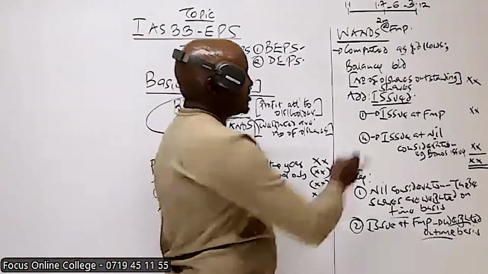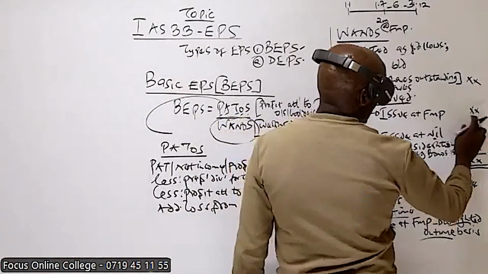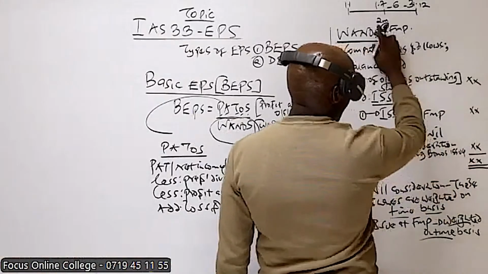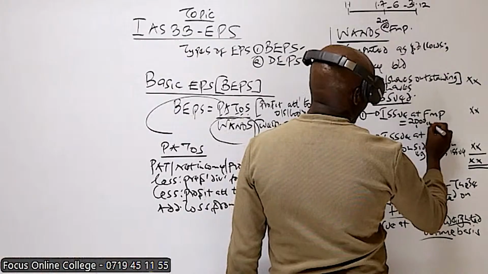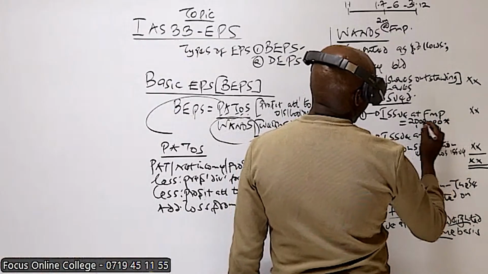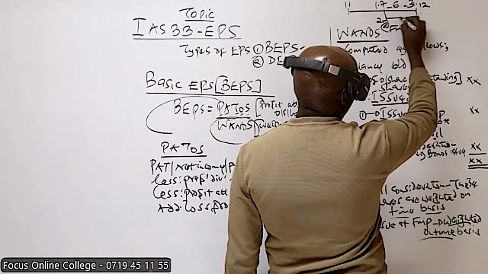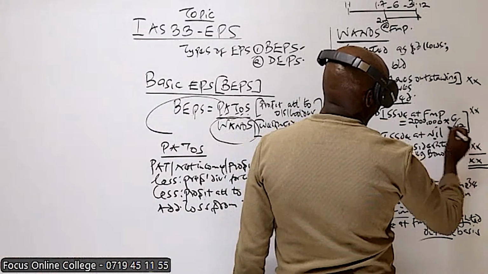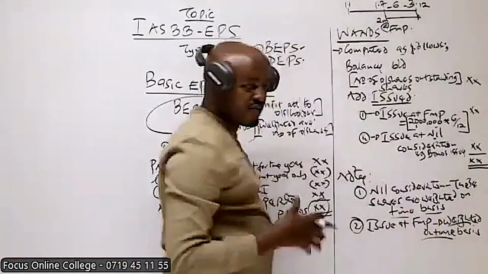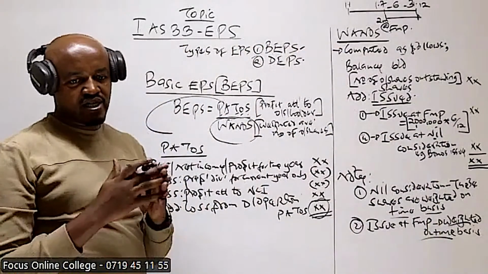For example, because these shares were issued at full market price, when adding them here, do we add them as 2 million? No. We take 2 million, and then we multiply those shares with the proportion of time they were held. We know they were held for 6 months out of 12. So in that case, we have weighted those shares on time basis.